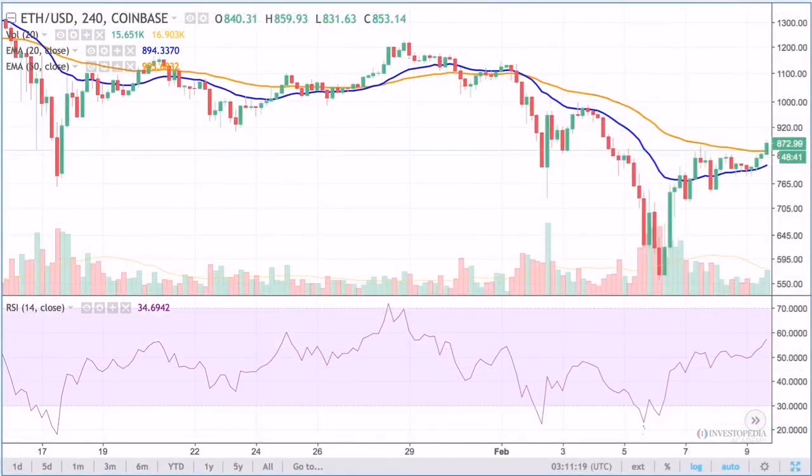So what you're looking at here is a chart of Ethereum versus the US dollar, and the time frame is different. These are 240-minute candles, which represent about 4 hours, on the Coinbase exchange. In this case, the price of Ethereum was dropping. However, at this low, there was a divergence with the RSI.